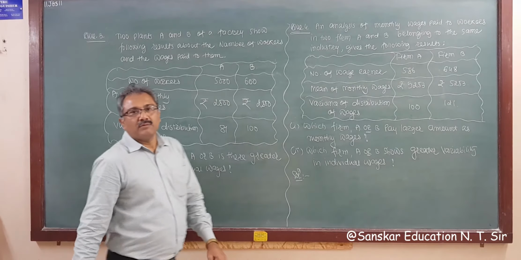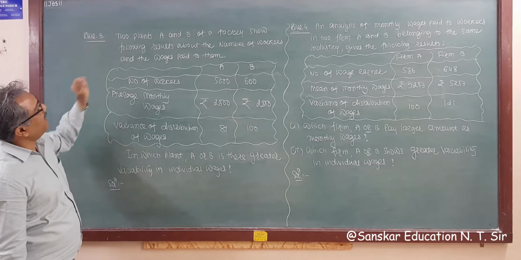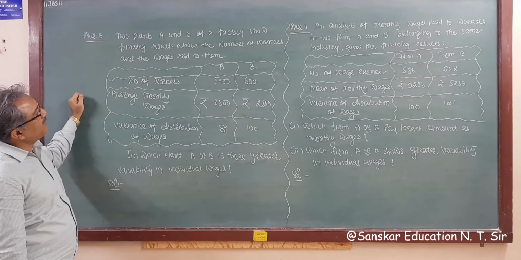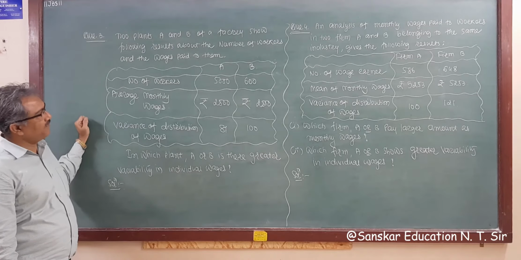So now question number 3. Given that two plants A and B of a factory show the following results about the number of workers and the wages paid to them.